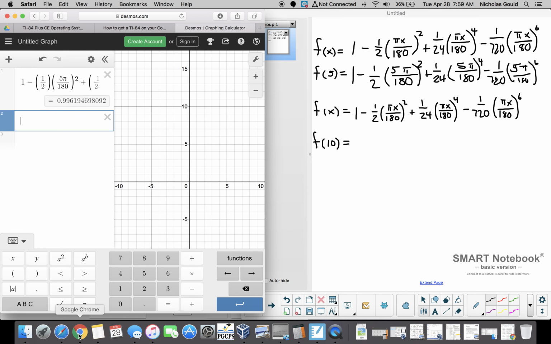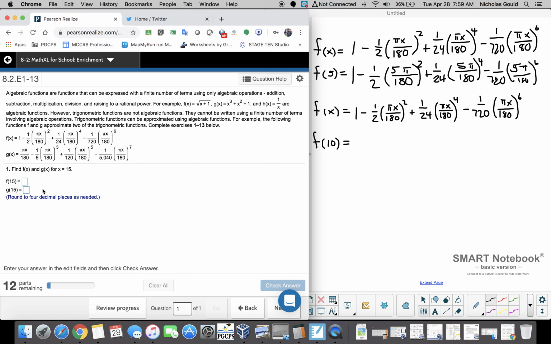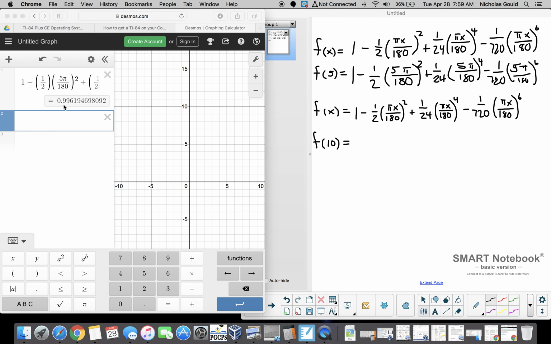Now if I go back to my assignment, it's saying round to 4 decimal places as needed. So once we substitute and put this into our graphing calculator, it's going to give us a numerical answer. From that numerical answer, I want to round to the 4 nearest numbers. And so I have 9961.